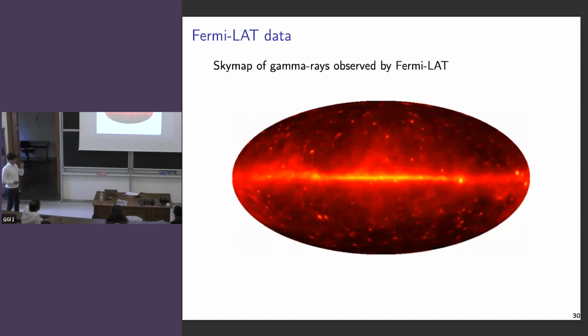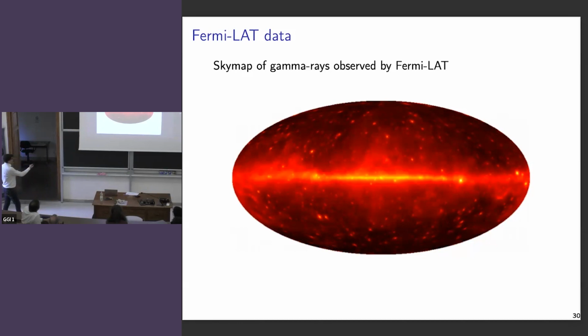This work has been done last year, I think, by Francesca Calore, Christopher Eckner, but also Maurizio, Pierluca and Alessandro. What has been done is to compare the morphology of the gamma rays observed by Fermi-LAT with the theoretical expectation of the morphology of the ALP-induced gamma ray signal.